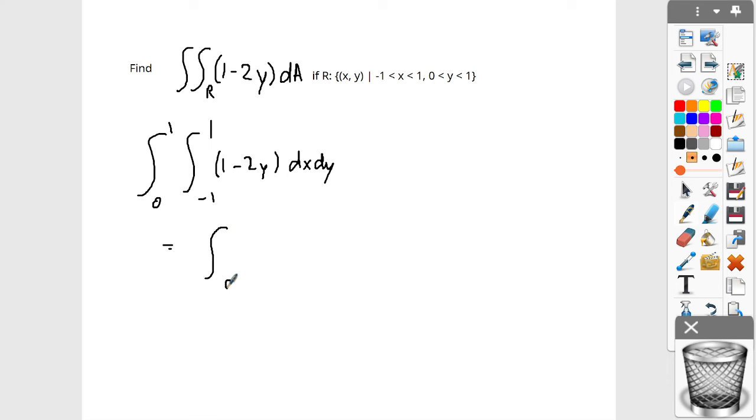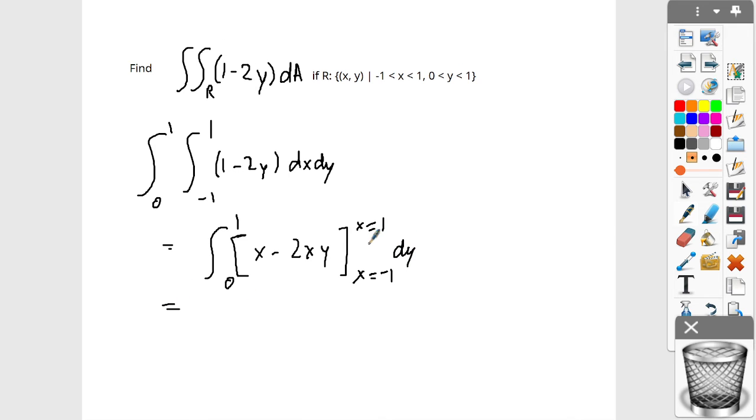So the integral from 0 to 1 of x minus 2xy, evaluated from -1 to 1, dy. And this is x equals -1, x equals 1.